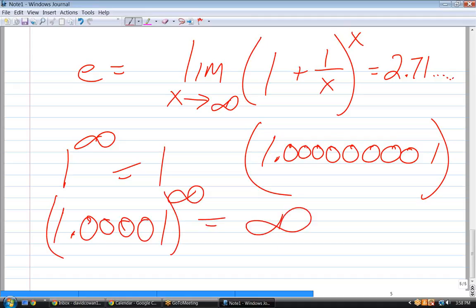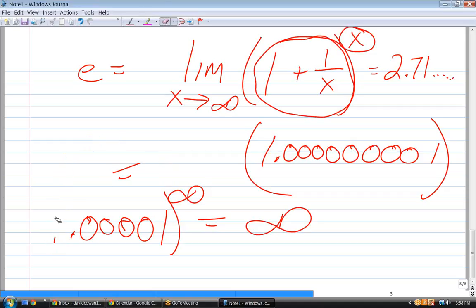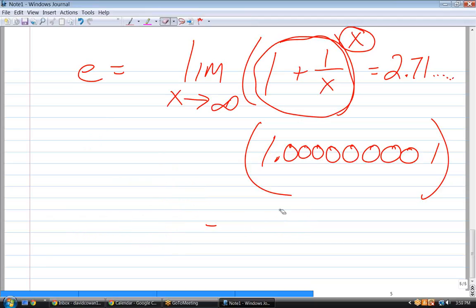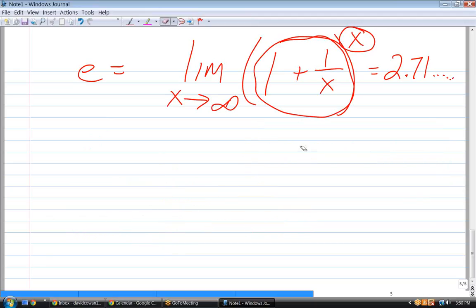So what happens when this gets closer and closer to 1 as this gets bigger and bigger? Well, you end up getting 2.71. It hones in on that particular number, which is kind of interesting. What is so special about that number?